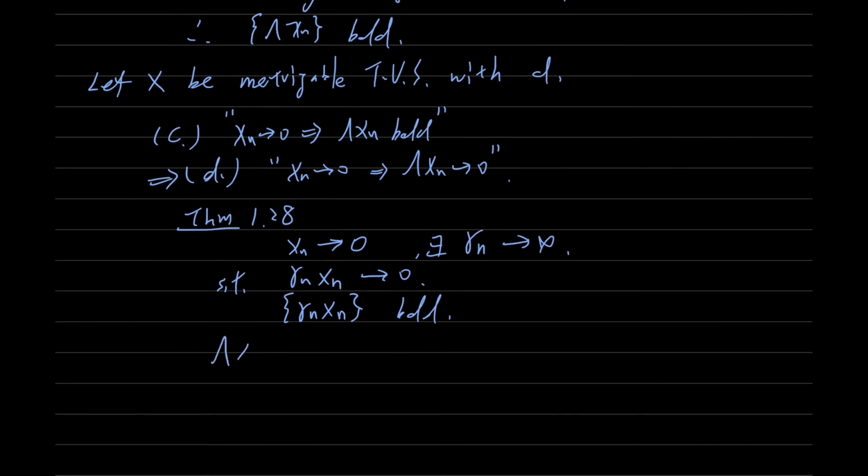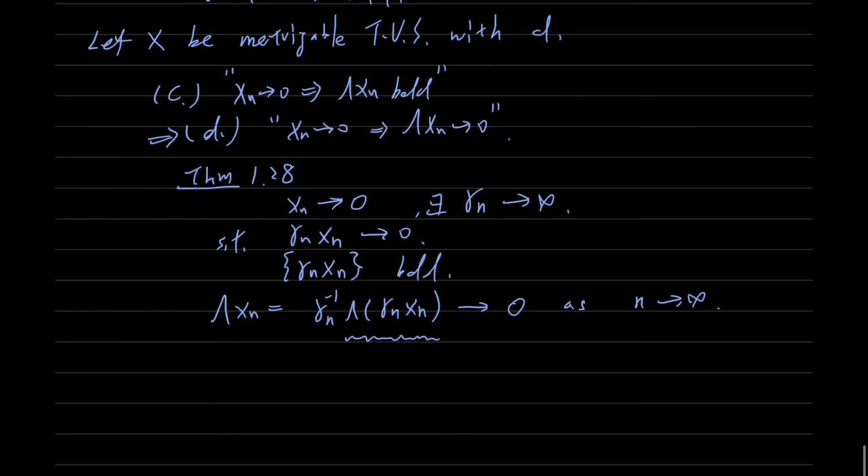Now, this immediately implies that xn is equal to gamma n inverse lambda gamma n xn. Because this part is bounded, this implies that the whole thing goes to 0 as n goes to infinity. So we finish C to D.